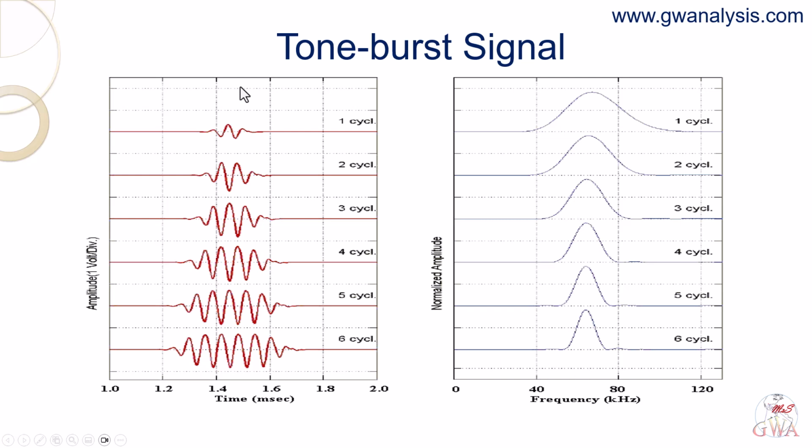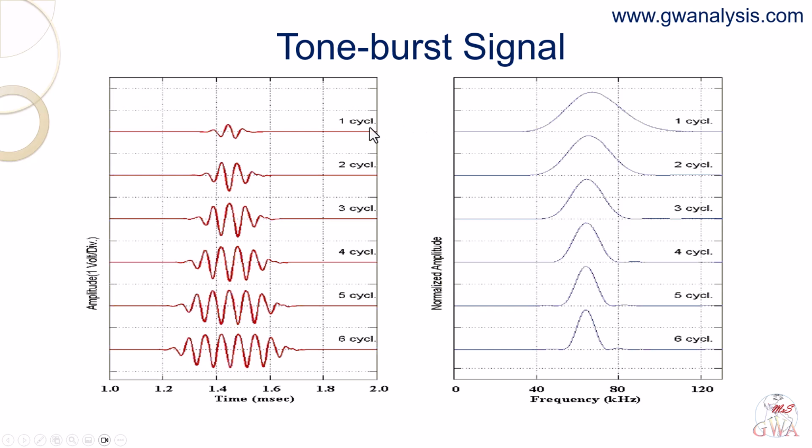The left side plot is the RF data plot with the time on the x-axis and amplitude on the y-axis. The plot shows the generated RF signal from 1 to 6 cycles. The right side plot shows the spectrum of RF signals, plotted with the frequency on the x-axis and amplitude on the y-axis.